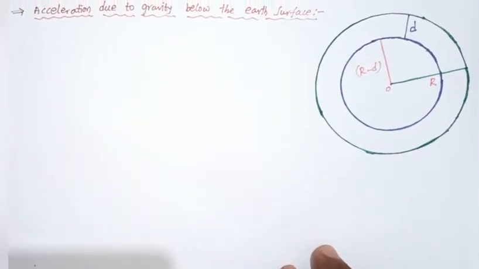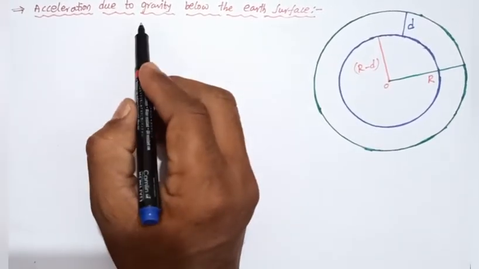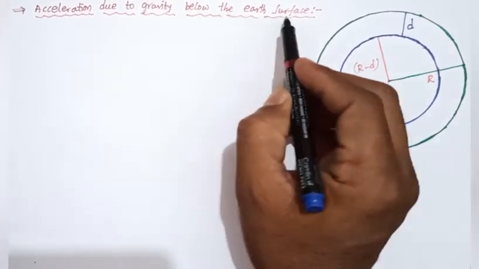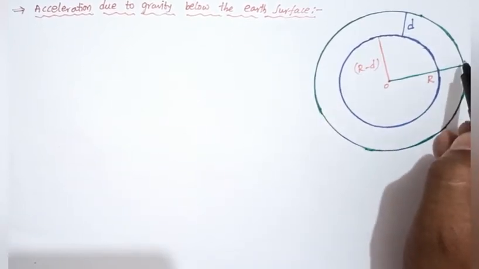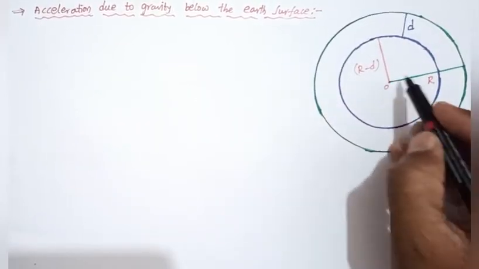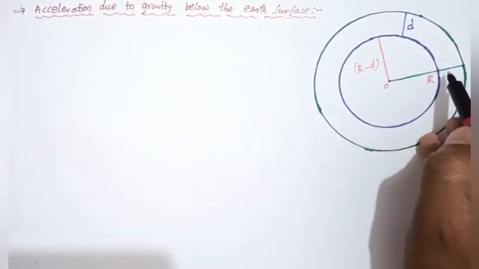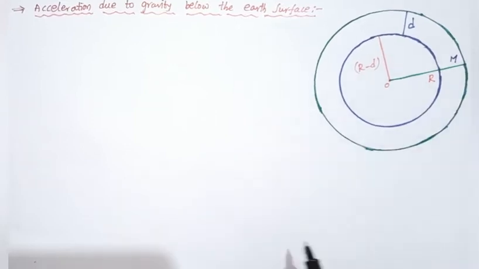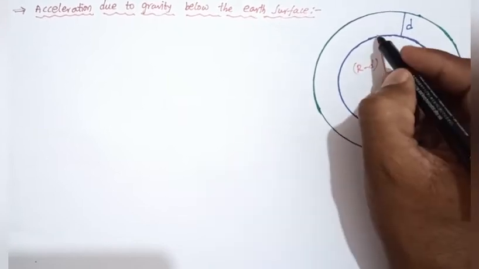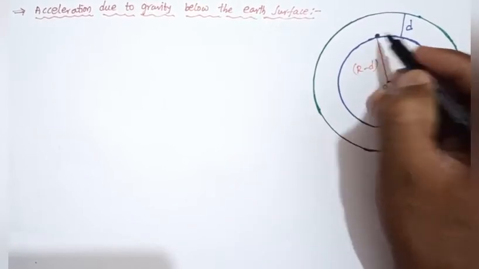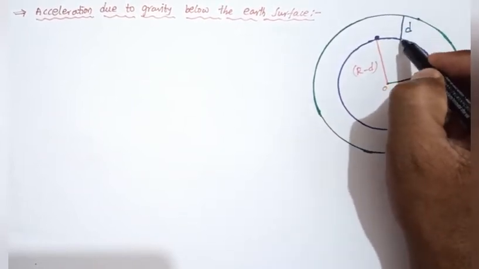Next we will discuss the acceleration due to gravity below the earth surface. We consider this is the earth surface, this is the earth. The radius of the earth is R, and the mass of the earth is capital M. We have taken a point mass below the earth surface at depth small d.